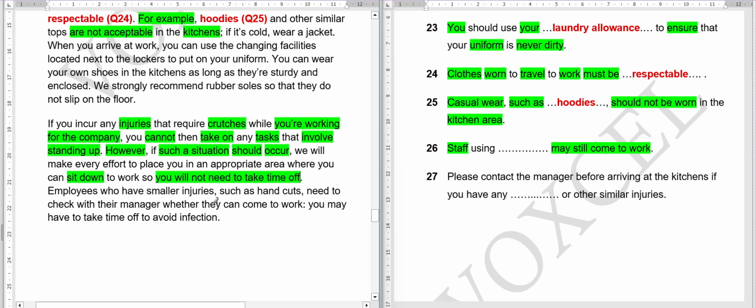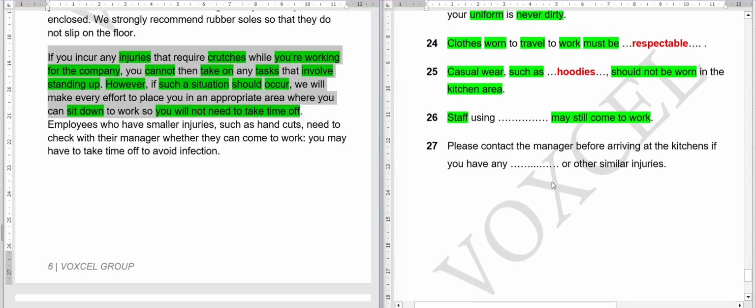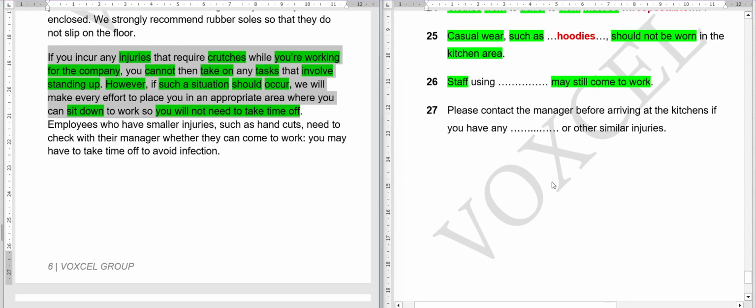Employees who have similar injuries such as hand cuts, okay, this is something else. So our answer is in this particular location, and you have about 10 seconds to tell the answer, and your time starts now.